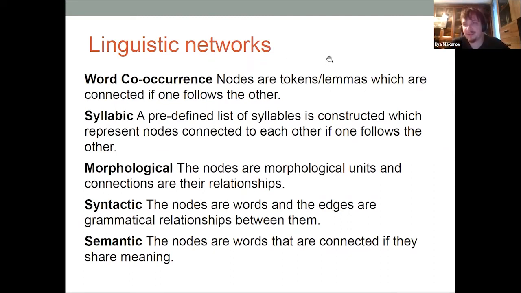Basically, you could construct different network representations of the same text.